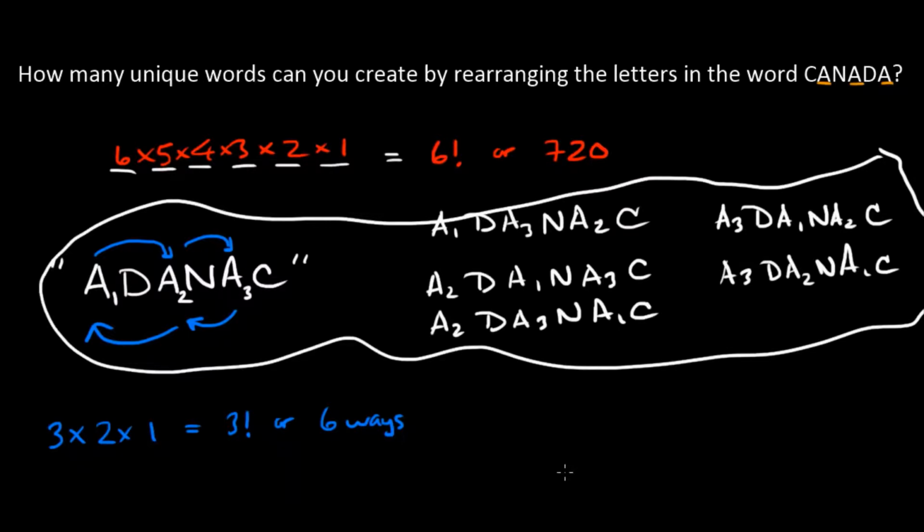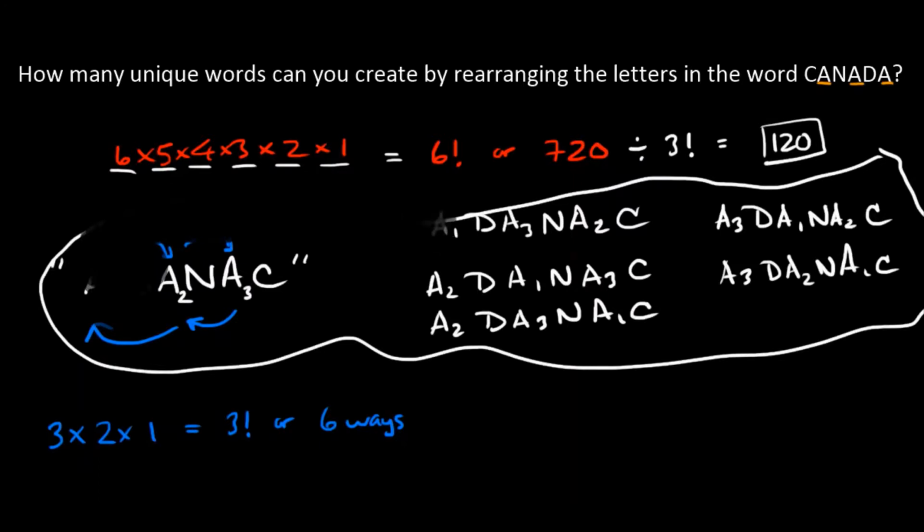So of these 720 we have to divide by 3 factorial, which of course is 6, and you can check this on your calculator. That'll give us 120 unique words. So let's clear all this off.